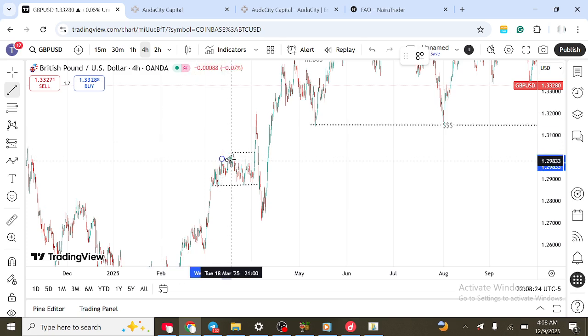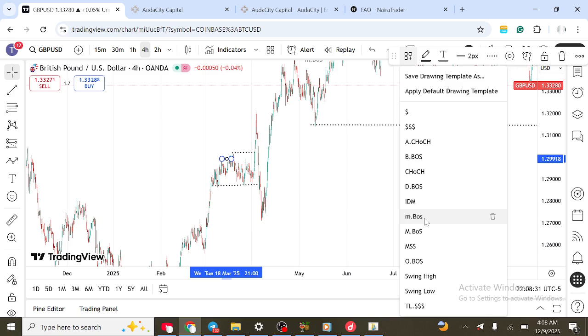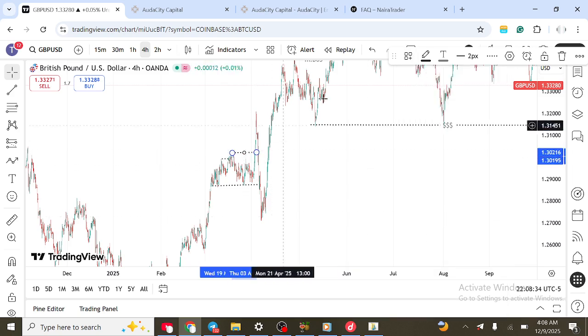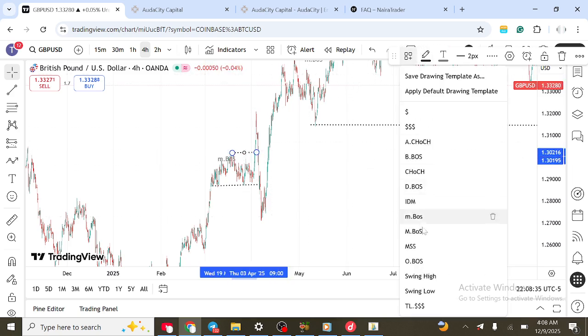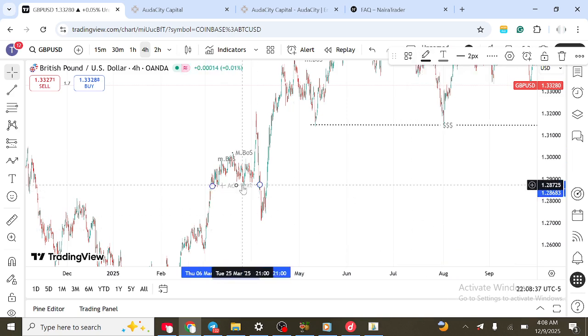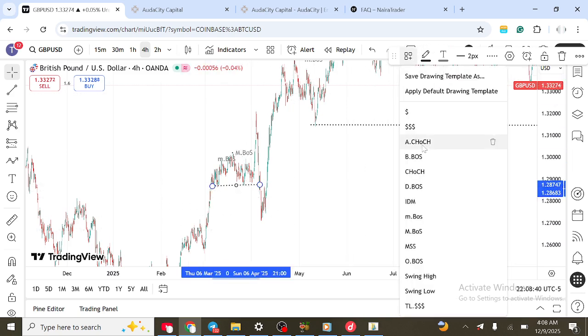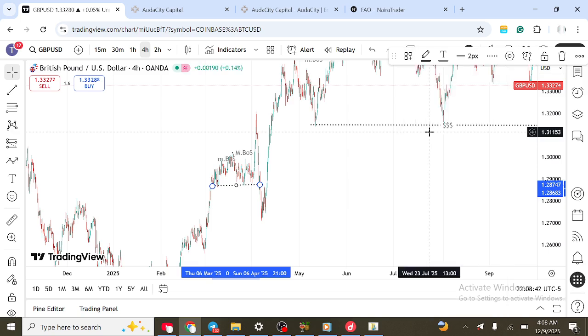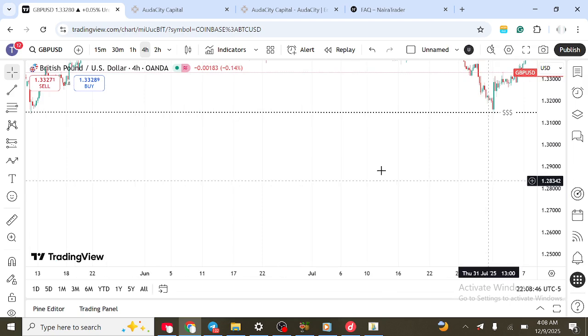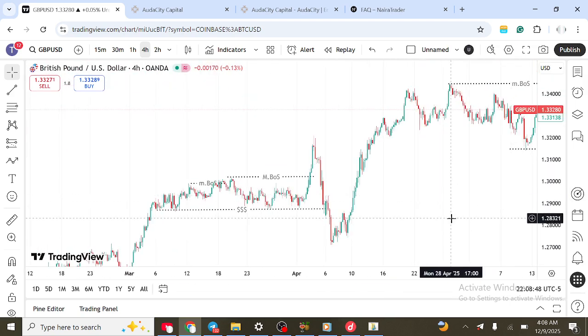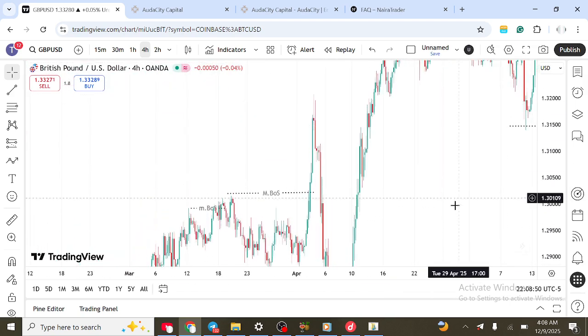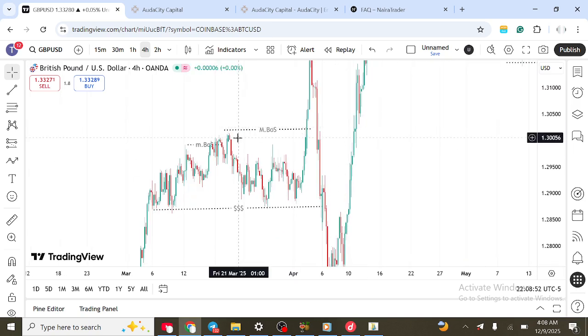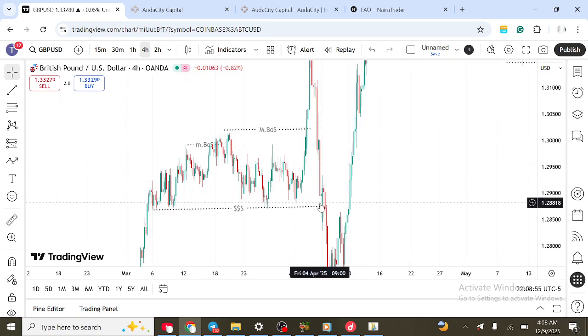This is a minor break of structure. So this is a standalone type A liquidity concept, as you can see.